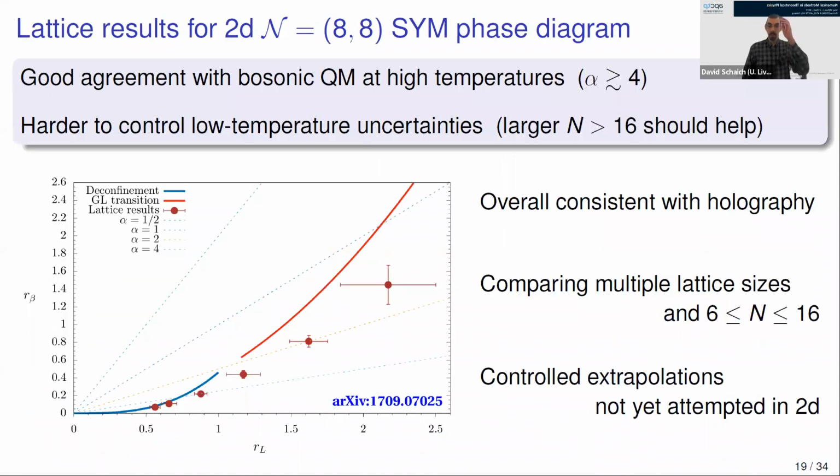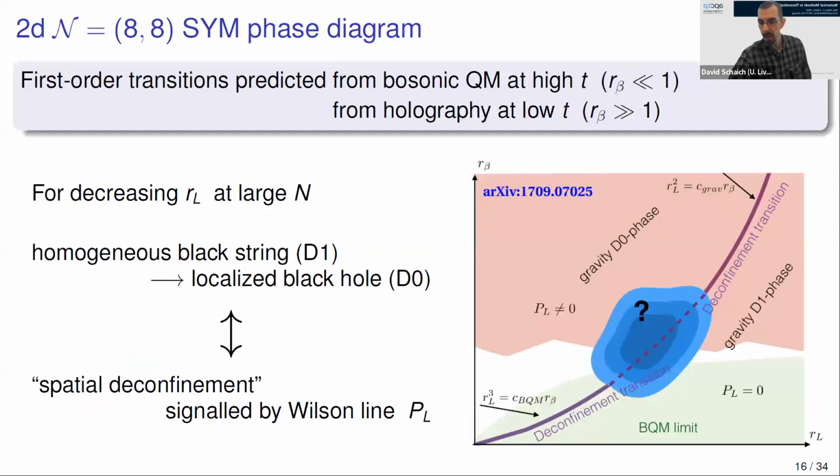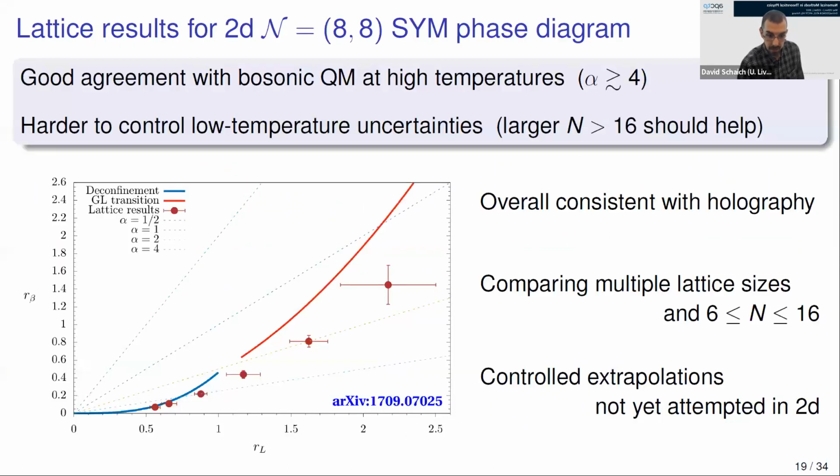So this is the resulting phase diagram that comes out of these numerical calculations, that we can match onto the predictions at high and low temperatures, and see that we reproduce the easier high temperature case quite well. And as we move to lower temperatures, we begin reproducing the leading order holographic prediction.